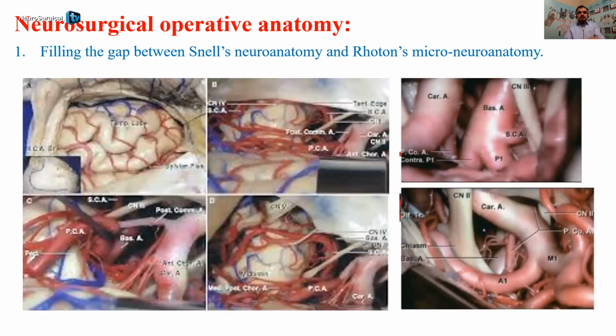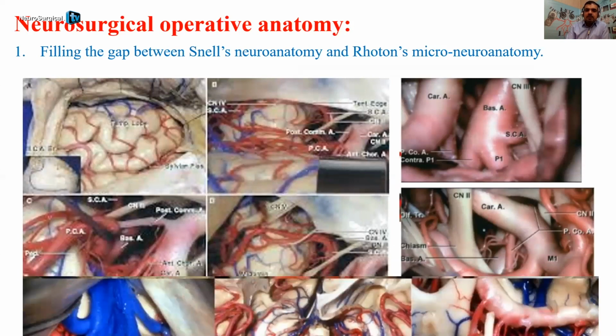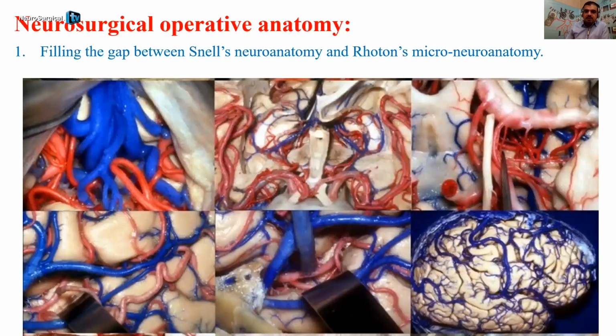And the other side is the Rhoton neuroanatomy, which is the detailed microanatomy, mainly based on cadaveric dissection, injected cadavers, the arteries with red, the veins with blue. That's a very clear anatomy.